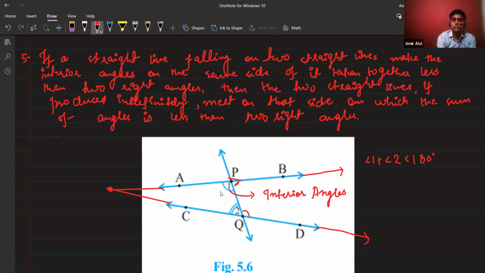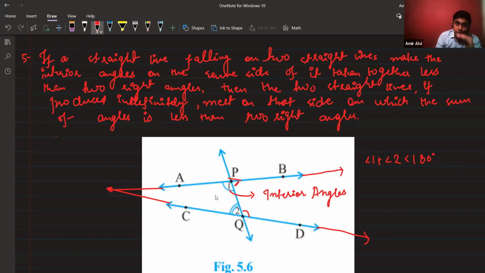Like I told you, the statement is very long, but the concept is very small. We can take interior angles on this side as well, but this sum is greater than 180, which means they are not going to meet if we produce them to infinity.